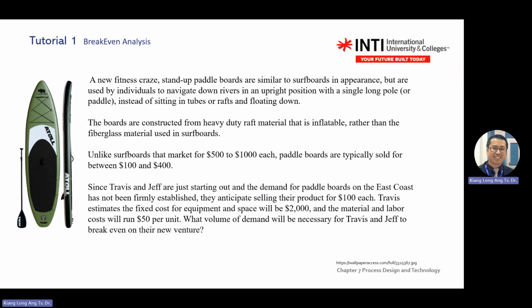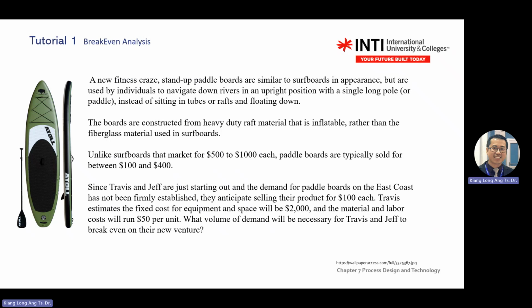So this is the start of the question. The front part is elaboration, just to prepare the students to understand the object and the scenario. Then the important information is here. T and J want to do break-even analysis. They anticipate selling the product at 100 each.